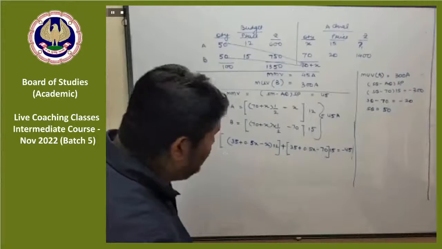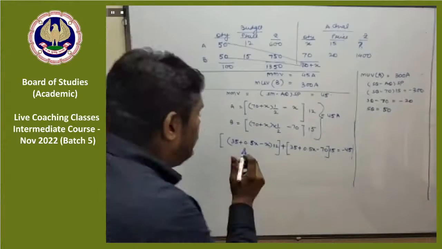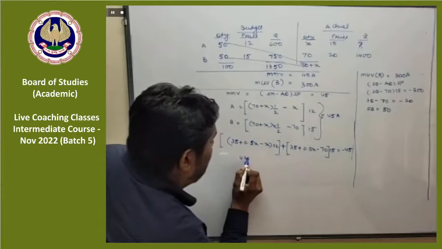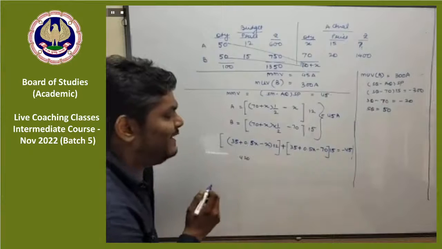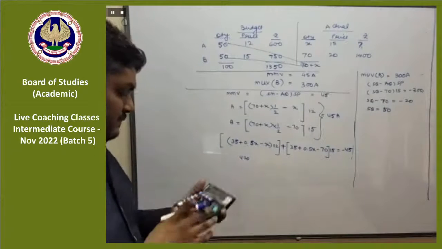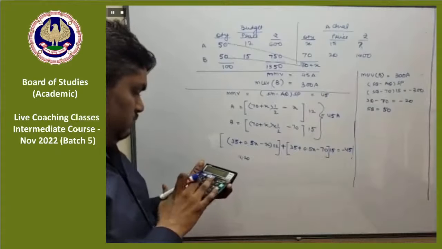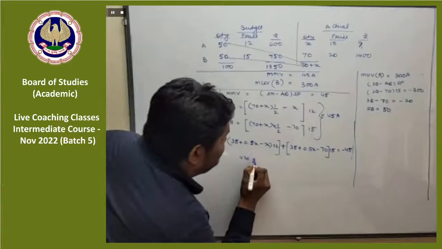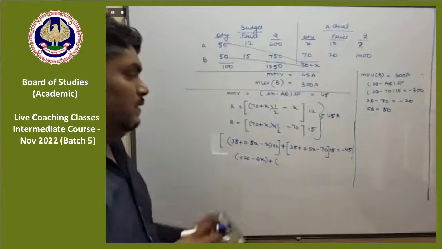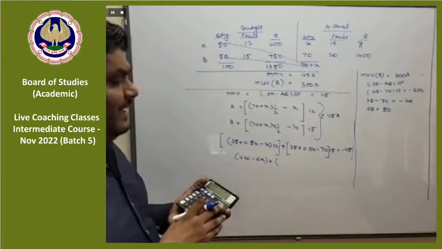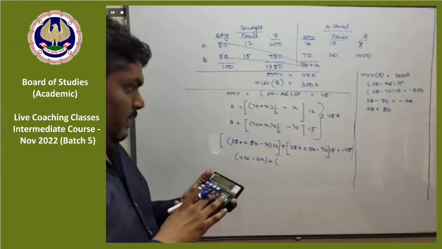So let's further multiply it. 35 into 12, this will be 420. 0.5x minus x is minus 0.5x. This will be minus 6x plus 35 minus 70 into 15.